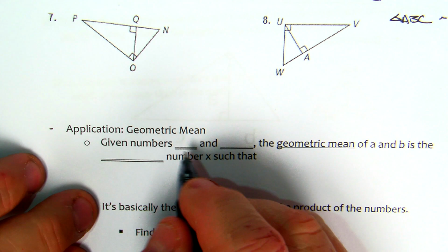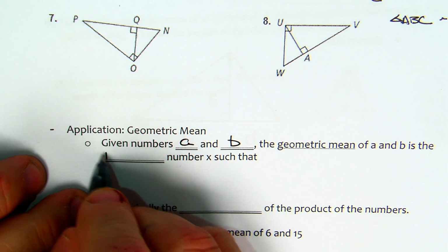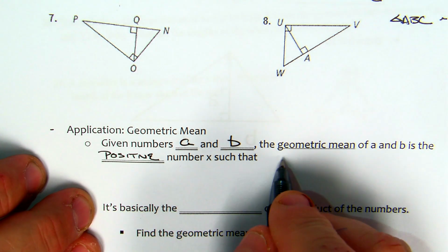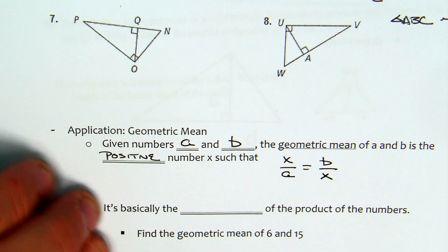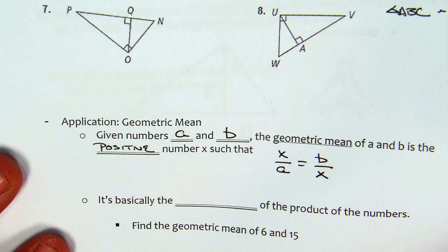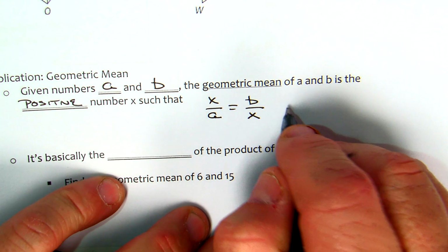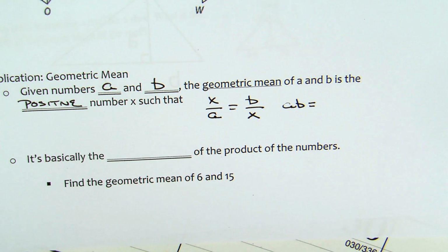All right, that leads us to a little math. Given numbers A and B, the geometric mean of A and B is the positive number X, such that X over A equals B over X. If you were to solve that, you would cross multiply. The result would be A times B equals X times X. What do we usually describe X times X as?